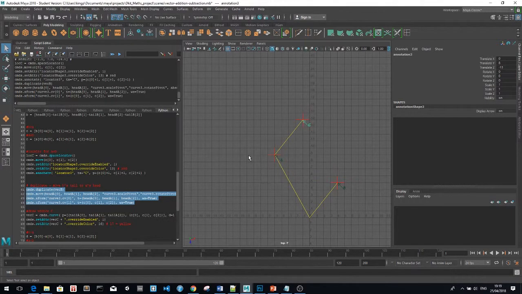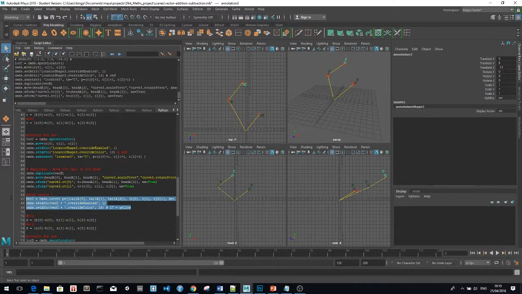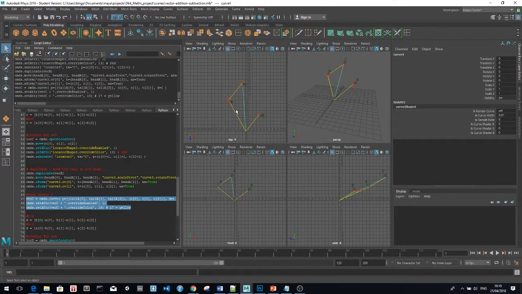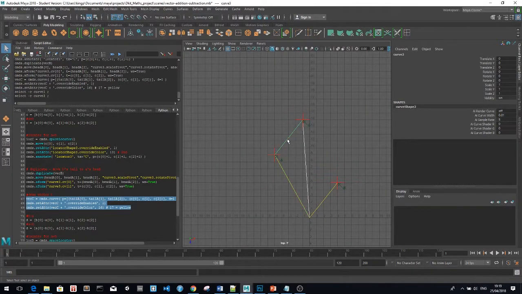They're basically the same vector. So to find vector C, we can figure out this resultant vector by going from the initial point of A to the terminal point of B. That's basically what this code here is doing. It will give us vector C. And now we can delete this.